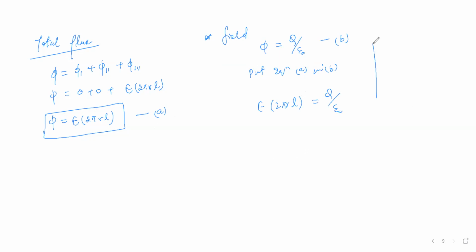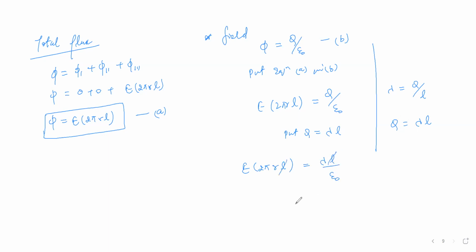We already know this is your linear charge density. So lambda is equal to Q over L, or Q is equal to lambda into L. You can put here Q is equal to lambda into L. Once again, E 2 pi RL is equal to lambda into L over epsilon naught.